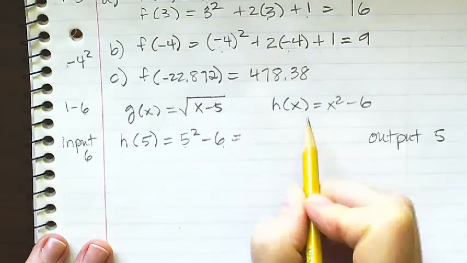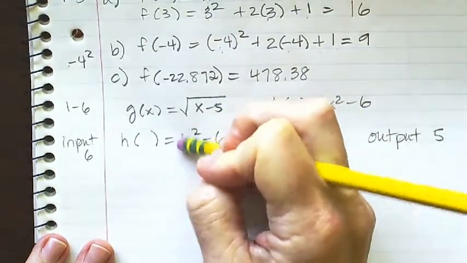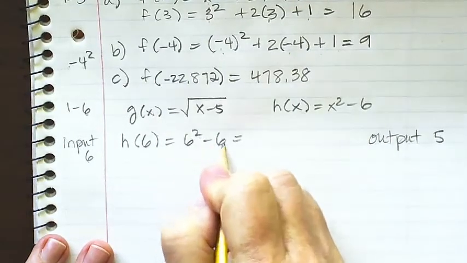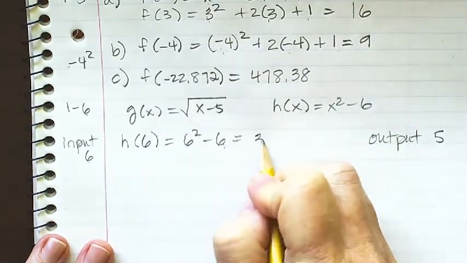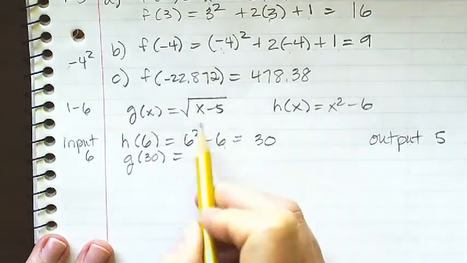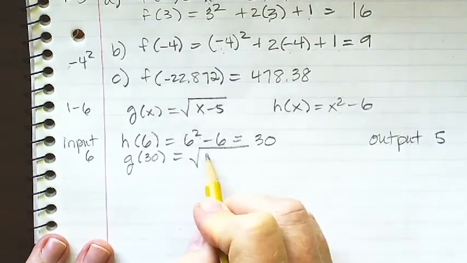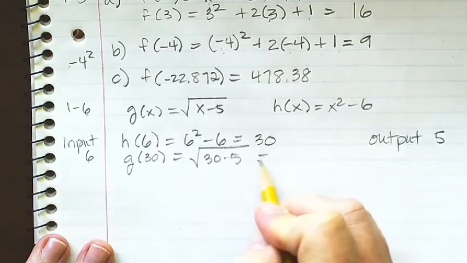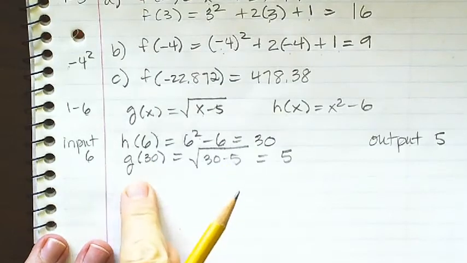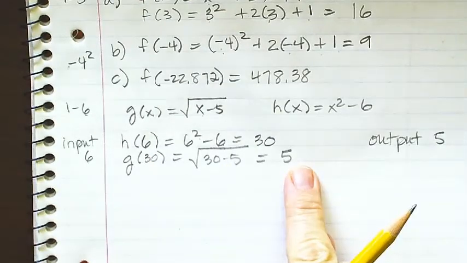Oh, I'm putting a 5 in there. Whoopsie. 6 is the input. I was looking over here. So 6 squared minus 6. So 36 minus 6 is 30. And then if I do G of 30, that gives me square root of 30 minus 5, which would be square root of 25, which is 5. So H first, G second gives you an output of 5.